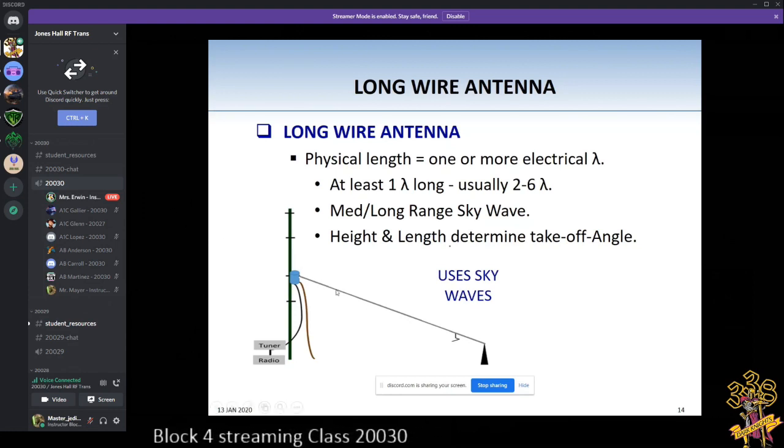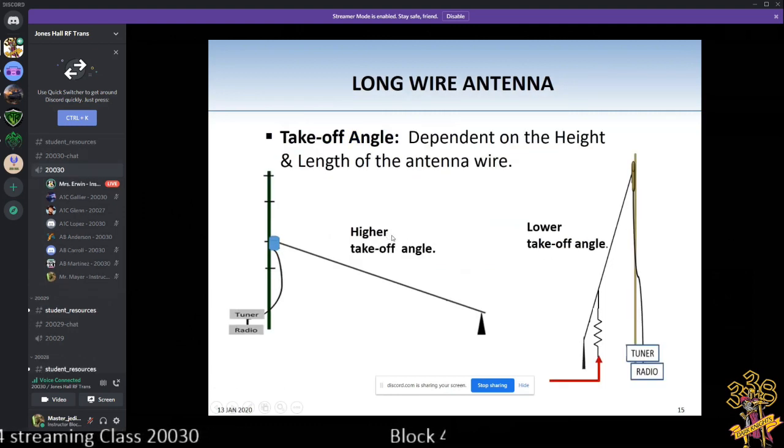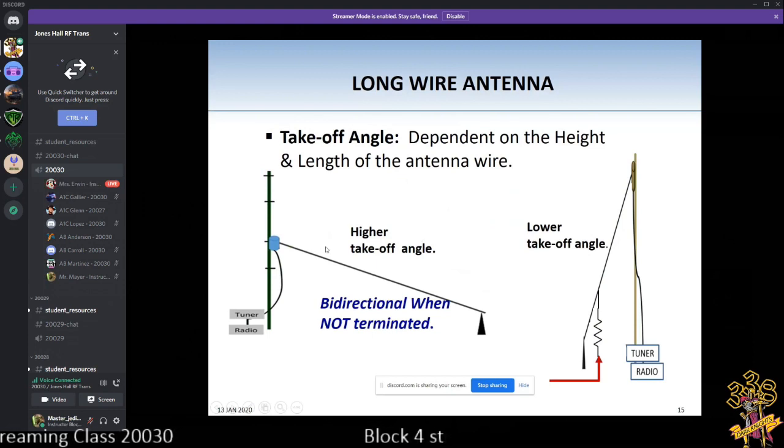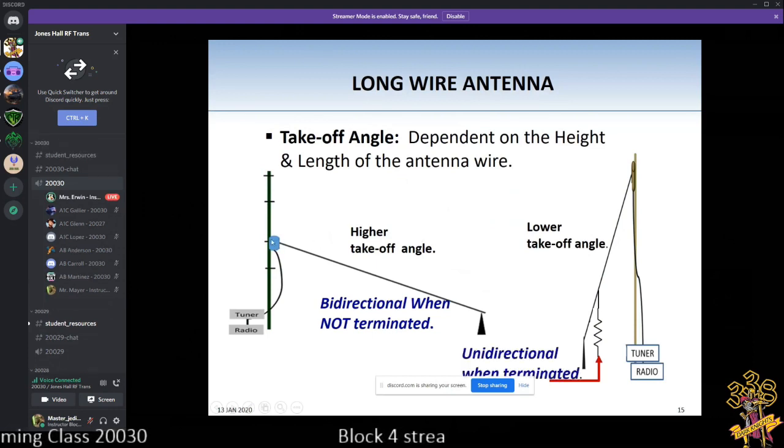But the angle this is at, how high you put it on the mast, is going to affect that angle, and that's going to affect the takeoff angle of your radiation. So here, let's say that's on the black ring, and here it's on the brown ring.